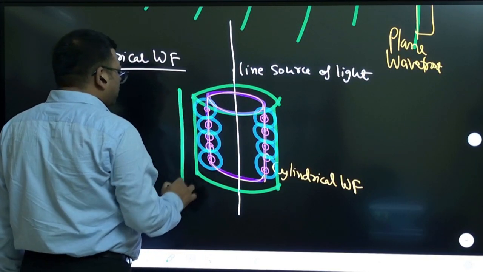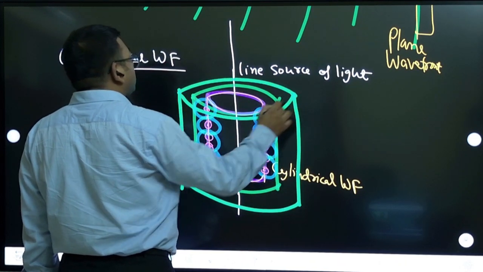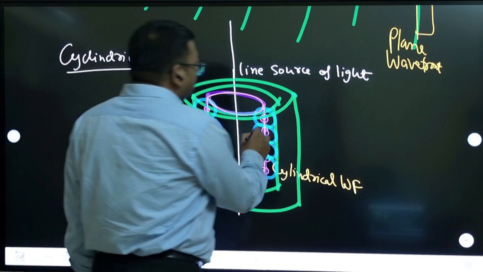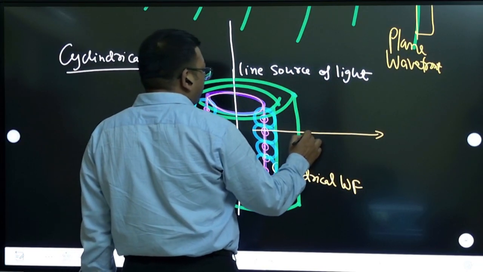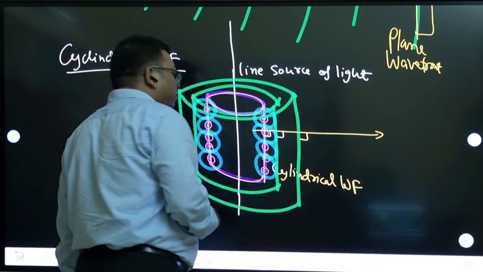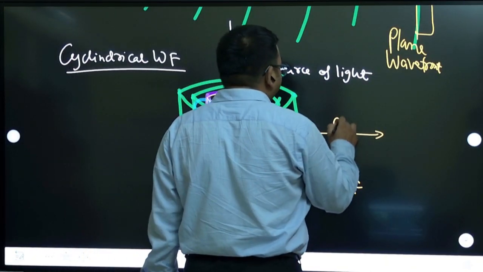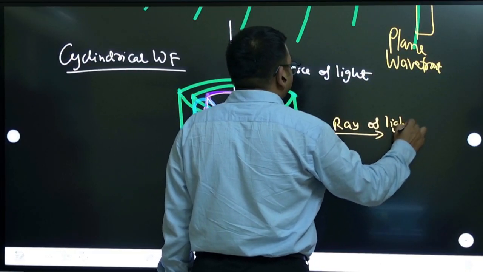So that's how the cylindrical wavefront will propagate in space, and this wavefront will be perpendicular to the surface of that cylinder. So this is the ray diagram, the ray of light, and it will go in all directions.